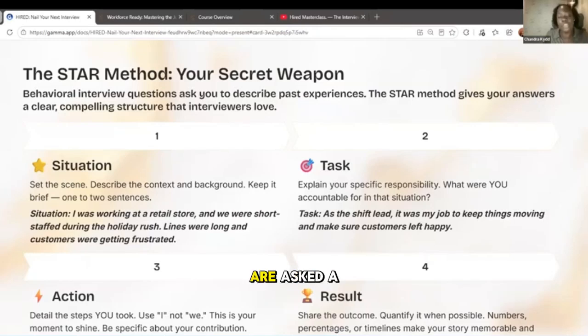Sometimes when we are asked a question, we try to answer the question in a few words and hurry up and finish. You want to answer the question with a great framework, because if you answer the question well enough, it actually answers multiple questions that they didn't even ask you yet.